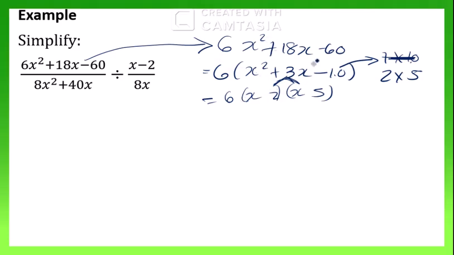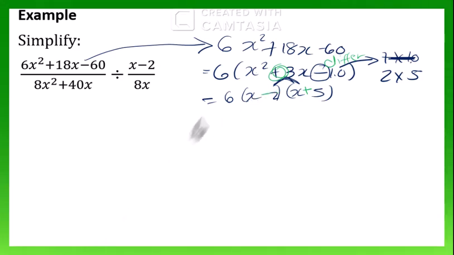What matters is the signs. We know there is a minus, so when the constant term is negative, we know the signs have to differ. And then the bigger number has to have that sign. So, plus 5 and minus 2.